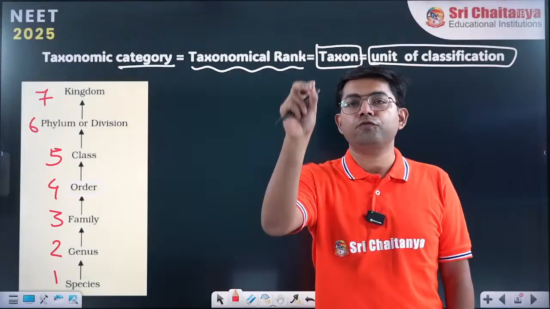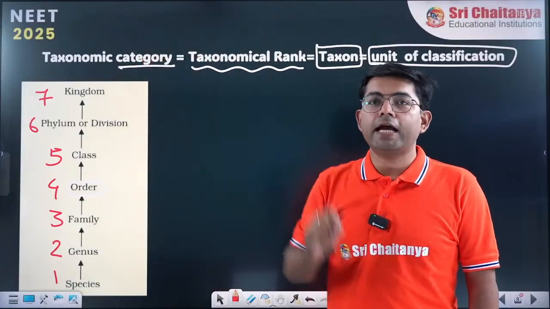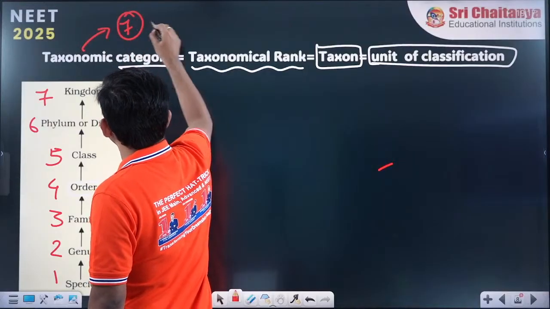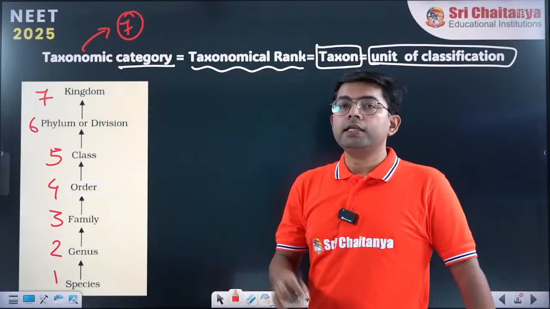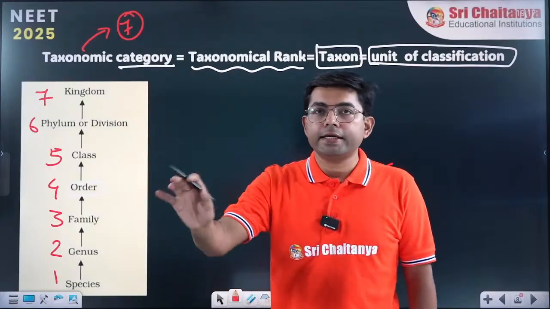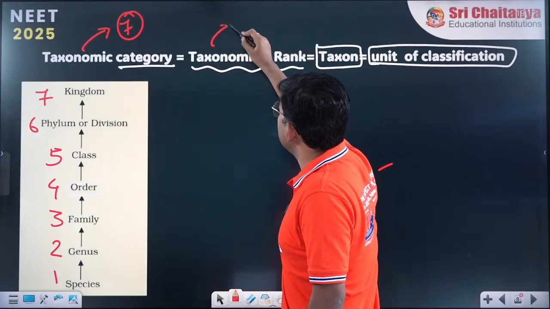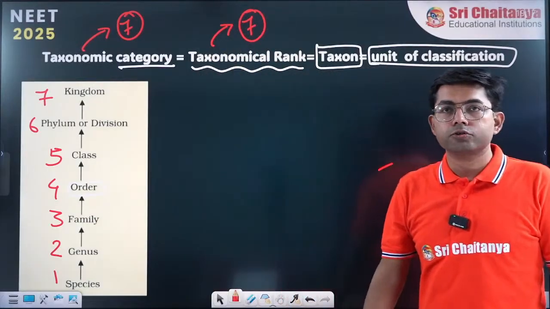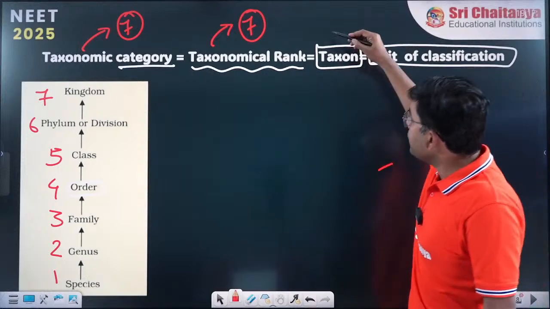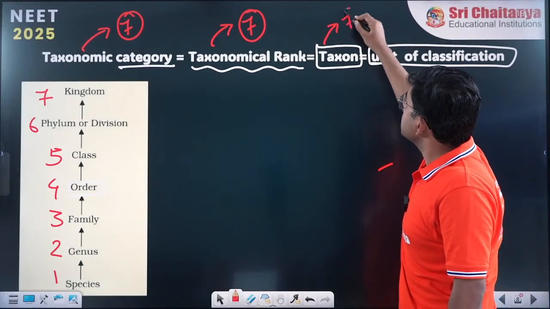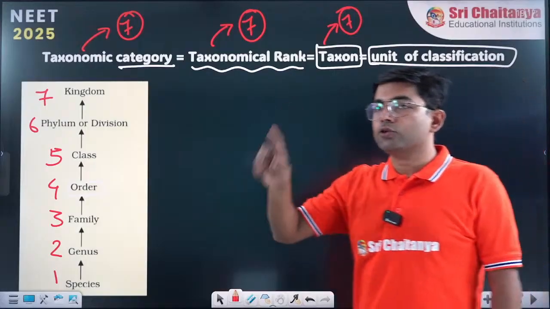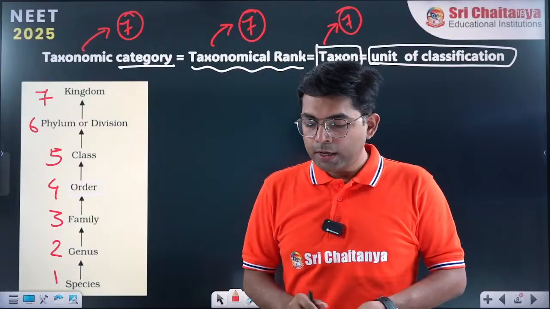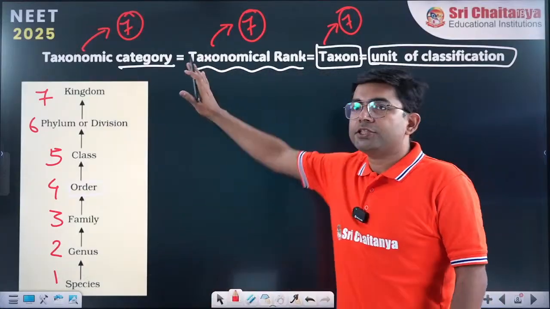If I give you options 4, 5, 6, 7, the answer is that there are a total of 7 taxonomical categories, and hence 7 taxonomical ranks are also there. How many taxa are there? There are 7 taxa, and each taxon represents a unit of classification. This point is clear. Now, here is how the question is asked in NEET.